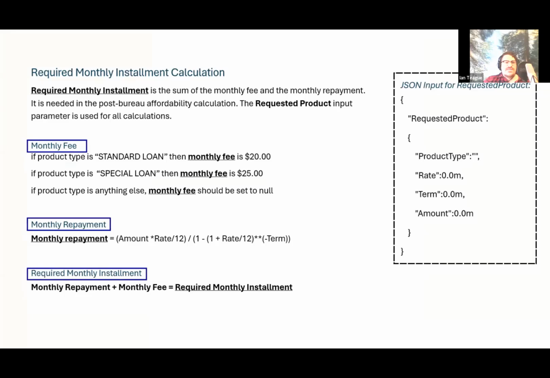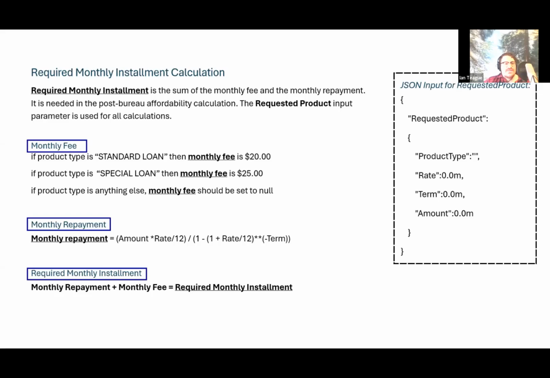The next section of the requirements is the calculation we do for required monthly installment. This is what the requested product input is used for. In the monthly fee section, the product type attribute is used to calculate the monthly fee with a series of if-then statements.